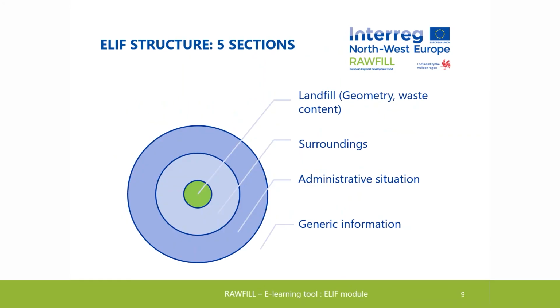The structure of ELIF is composed of 5 main sections. The generic information about datasheet creation and maintenance, regional policies and incentives, etc. The identity card section, which includes administrative information, name, location, owner, operator, follow-up, post-management, permits.